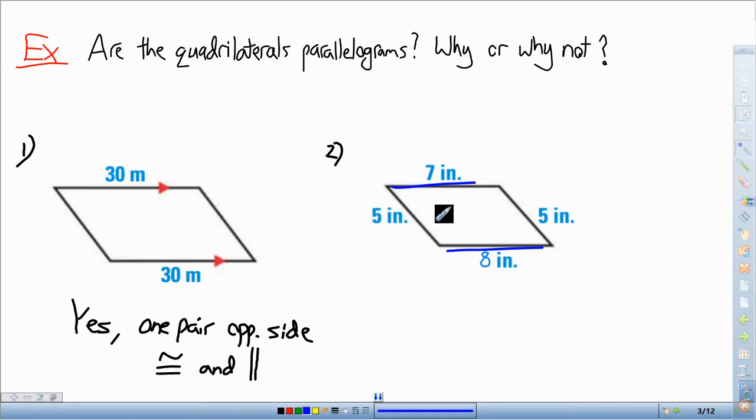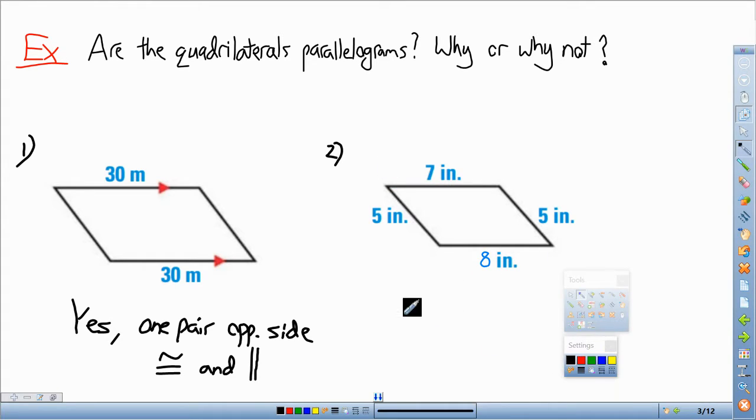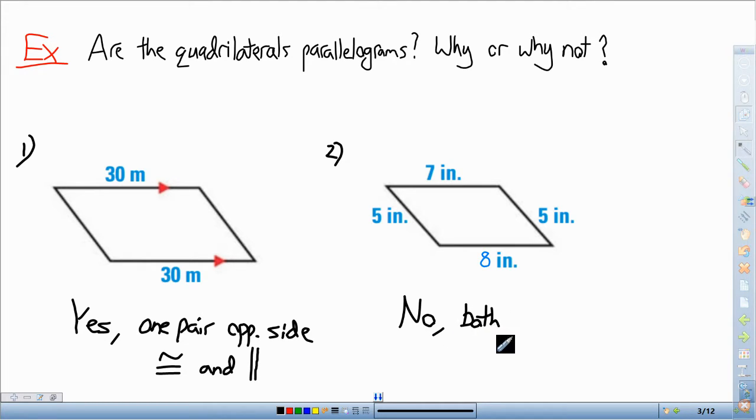Since both pairs of opposite sides are not congruent, we cannot say this is a parallelogram, so we'll say no, and give that reasoning: both pairs of opposite sides not congruent. If you want to put "not" in capital letters, that's the big reason why: not congruent.